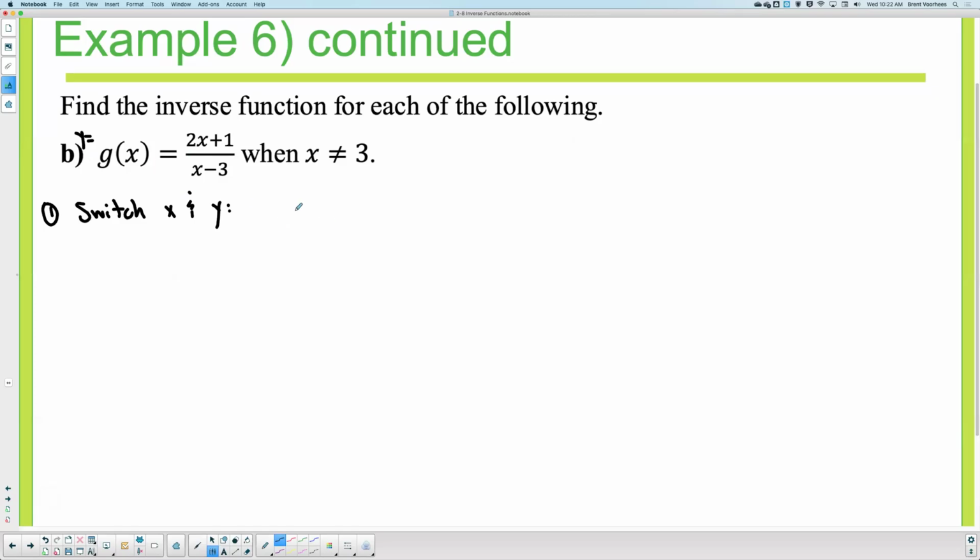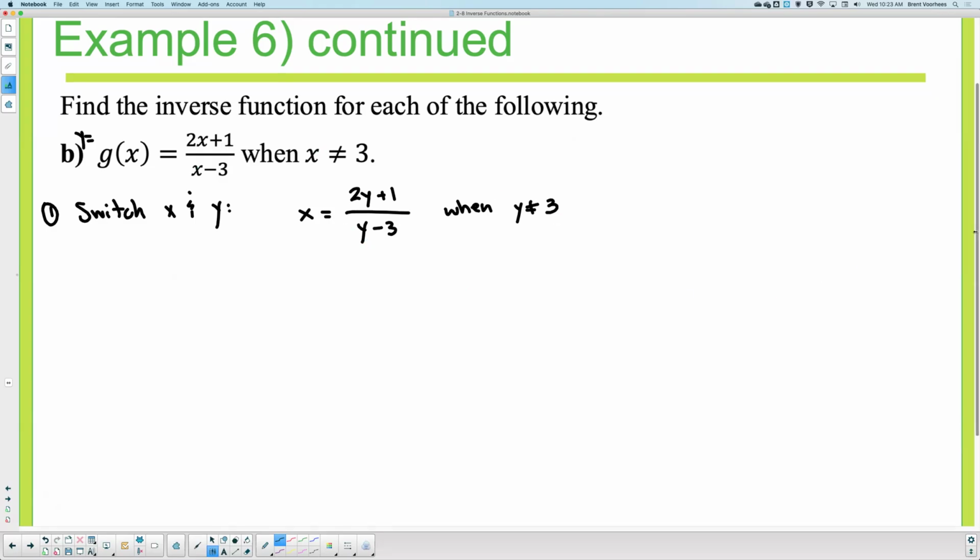All right, and so I'm going to have x equals 2y plus 1 over y minus 3. And again, this is going to be when y cannot equal 3. You don't have to write that because we don't ever talk about restricting the range, but this would be true because this is where x does not equal 3. This is when the y will not equal 3.